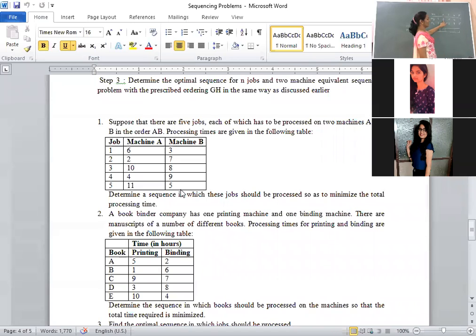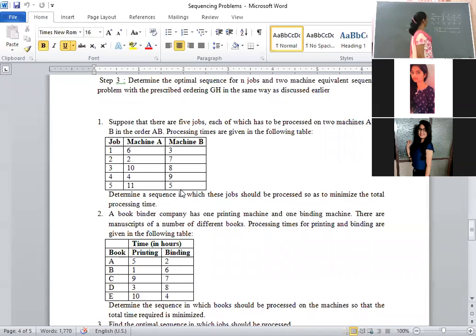The minimum processing time is 2 hours, on machine A, for job 2. So initially I have to perform job 2, because the minimum processing time for machine A is 2 hours. That's why we write left to right. Then cross it off.